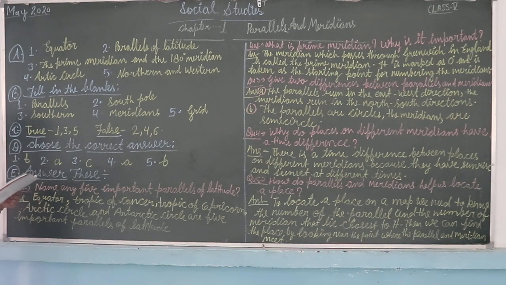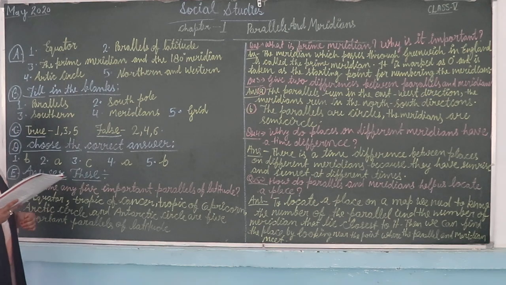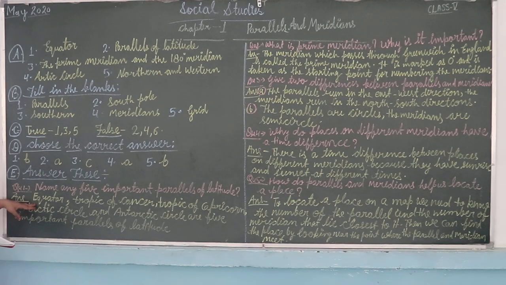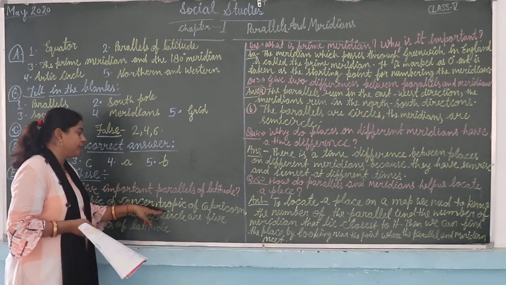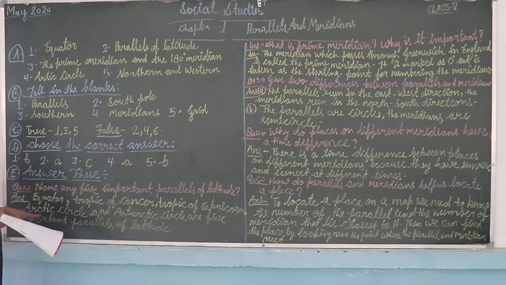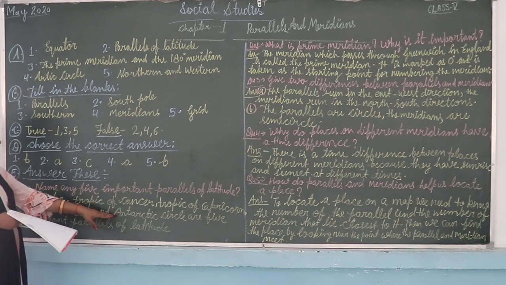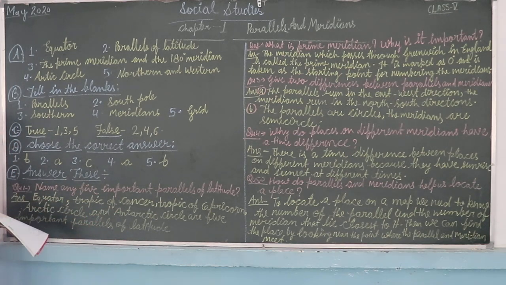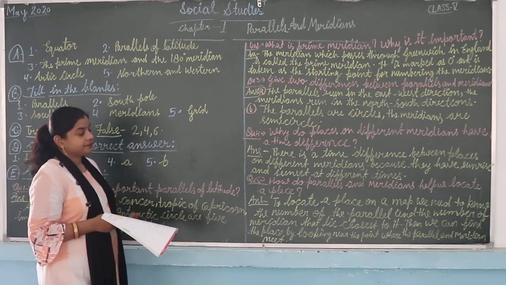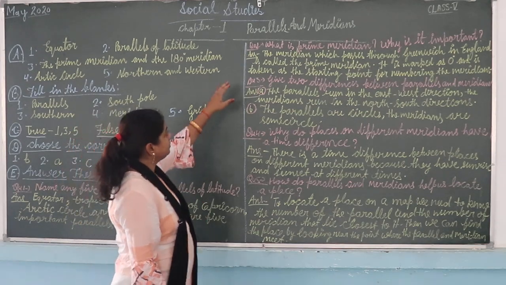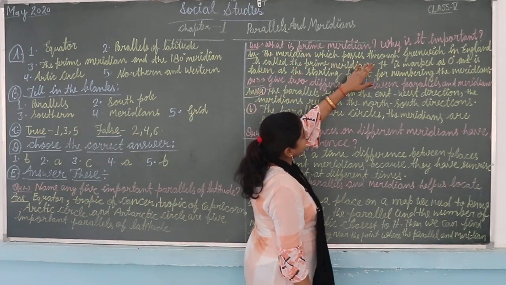First question is, name 5 important parallels of latitude. Answer is equator, Tropic of Cancer, Tropic of Capricorn, Arctic Circle and Antarctic Circle are 5 important parallels of latitude. Second question, what is prime meridian?